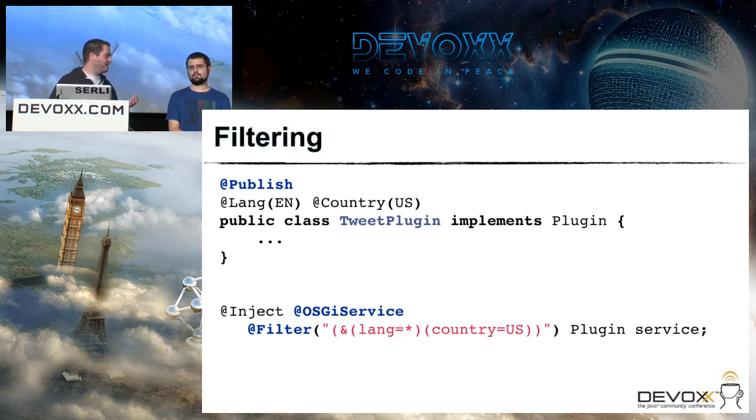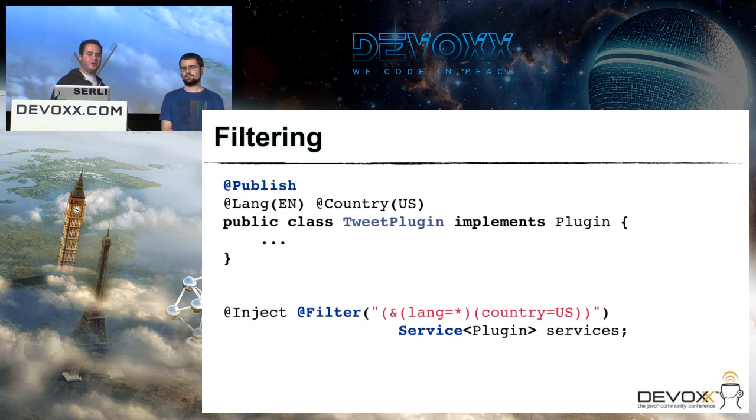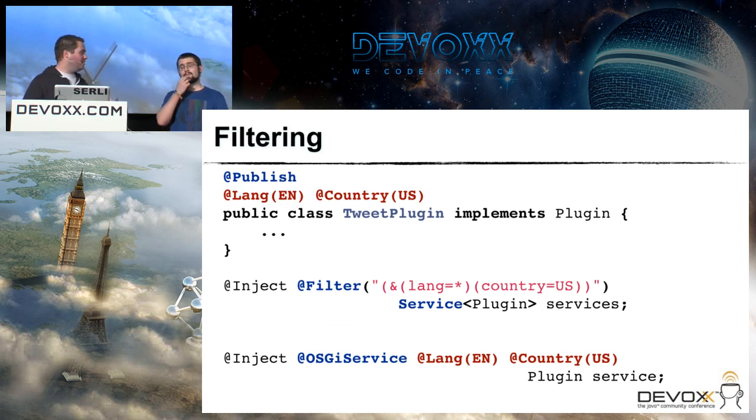So it's kind of old, but it works. Here we use the @Lang and @Country qualifiers to create a map of metadata for the service when we publish it. So it works with the standard injection and with the programmatic injection. But it's not really CDI-ish, I think.